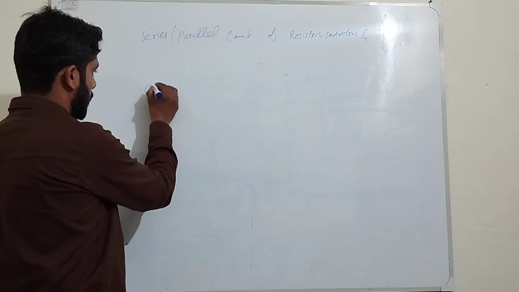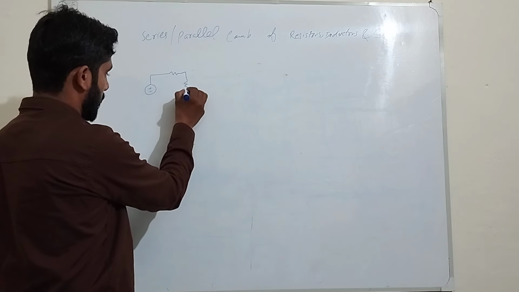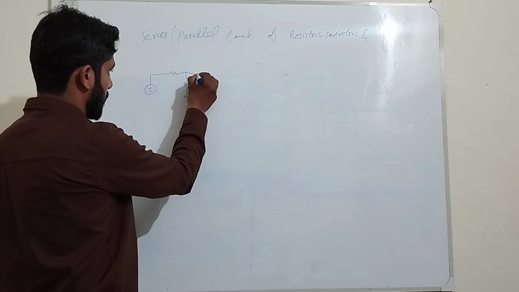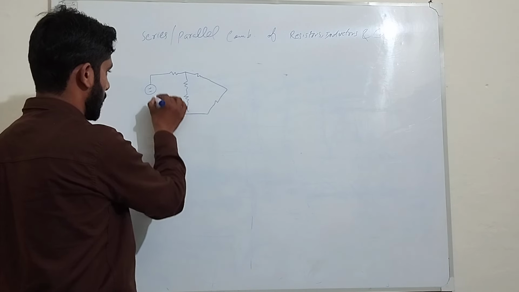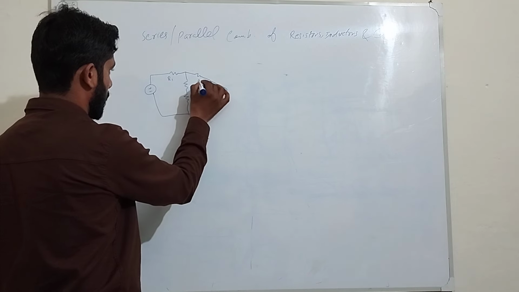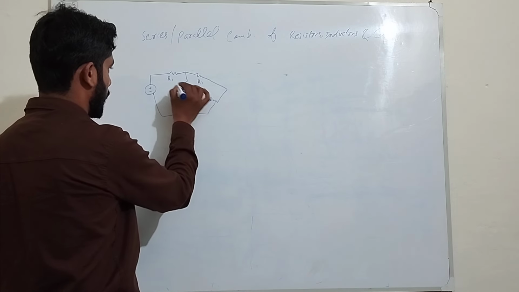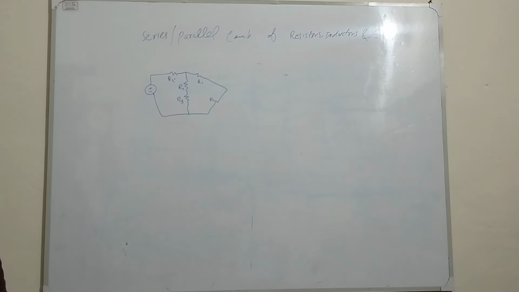See here, it's my source, this is my resistor, and this is my resistor, this is R1, R2, R3, R4, R5. So how are these resistors being connected here?